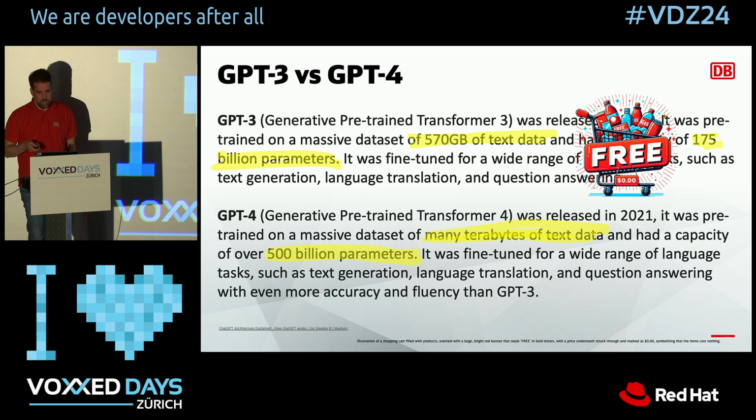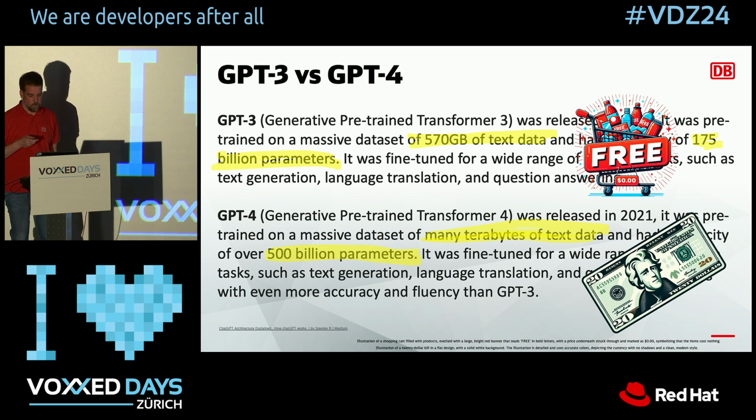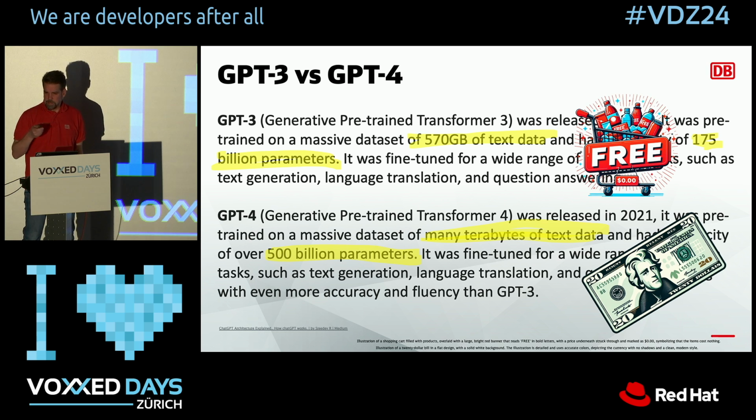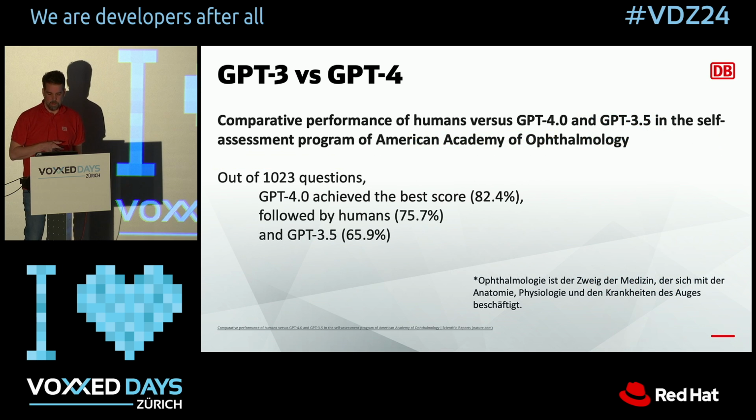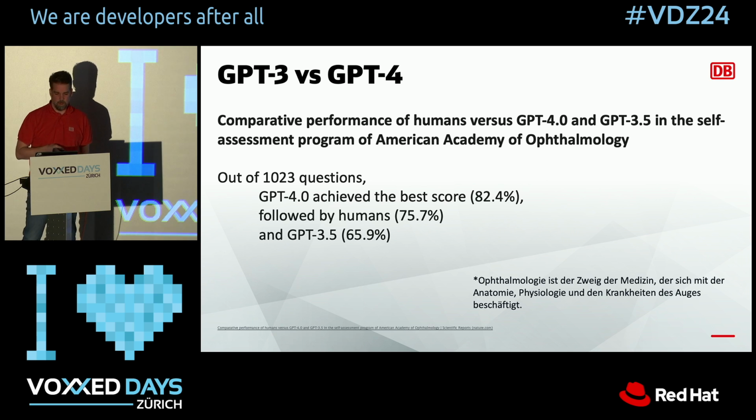So to get the real stuff, you have to pay. Currently, I think it's $20, but it's worth it. So that's my first tip. If you really want to work with ChatGPT, then pay for it. It's really worth it.